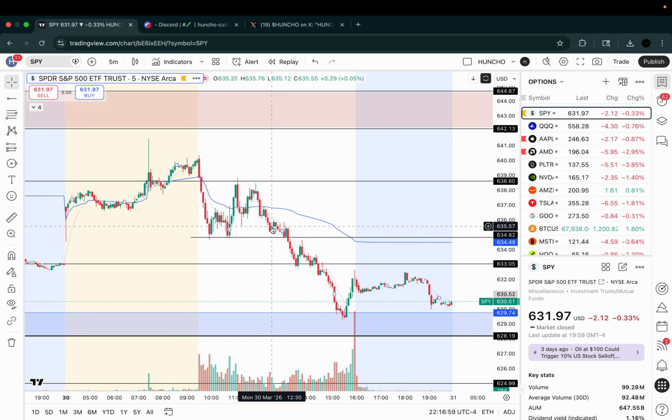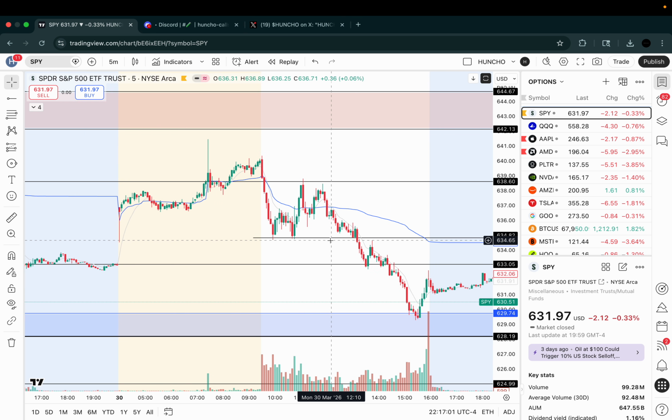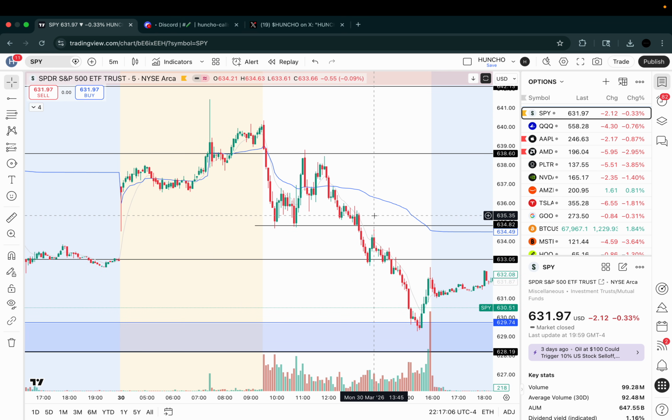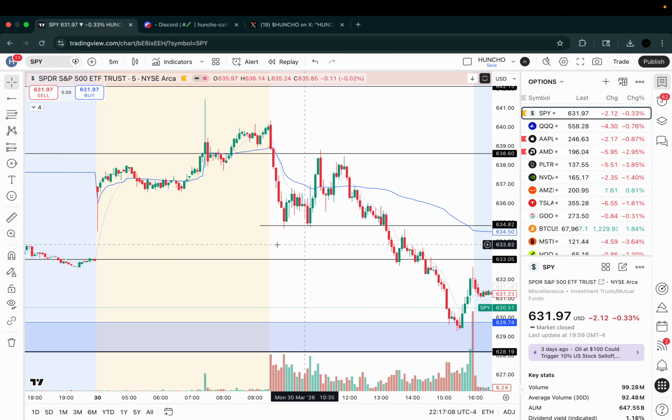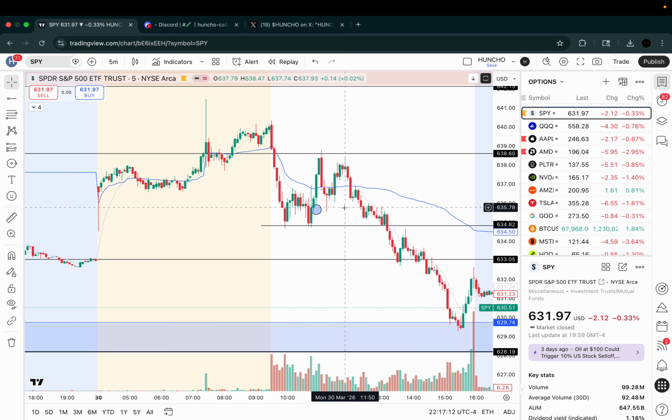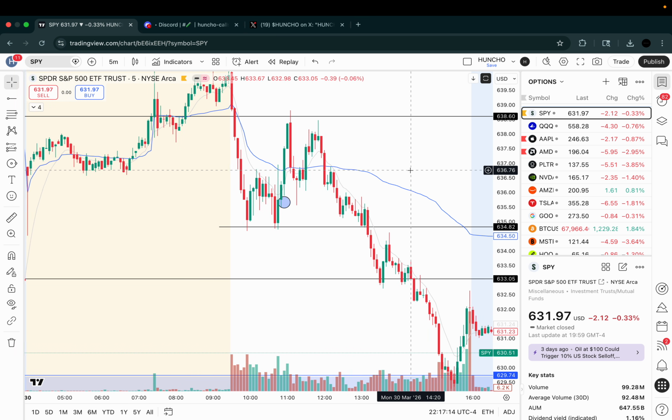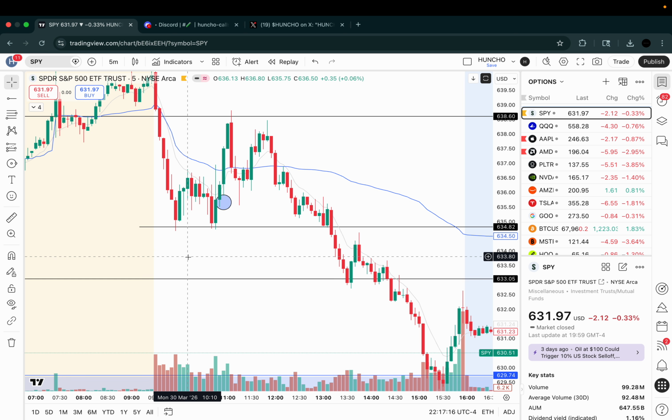I went in five contracts at 10:53 at this candle right here. This was my entry here. Okay, horrible entry.